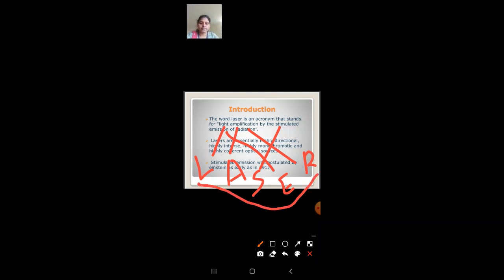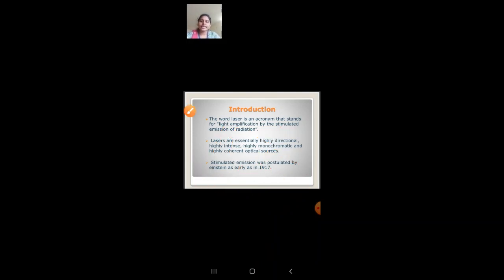Next point: lasers are essentially highly directional, highly intense, highly monochromatic and highly coherent optical sources.